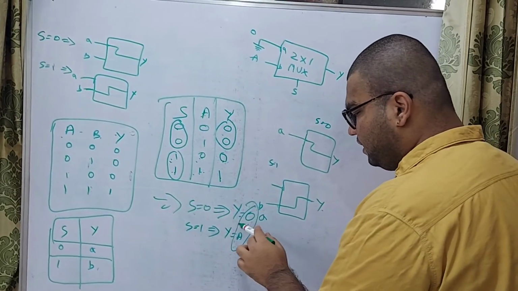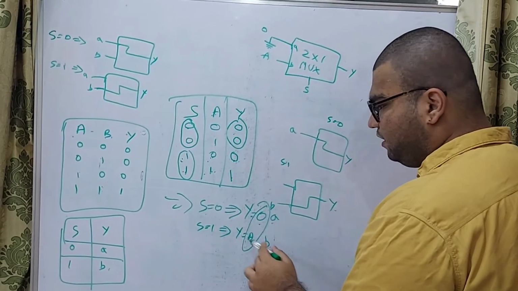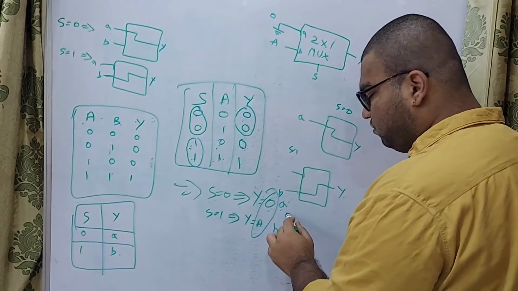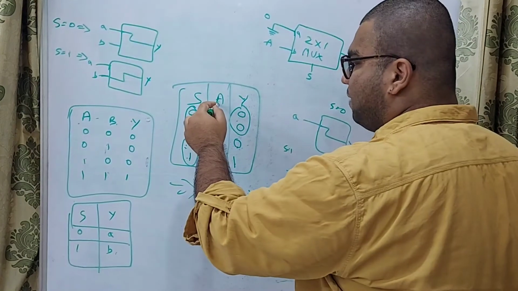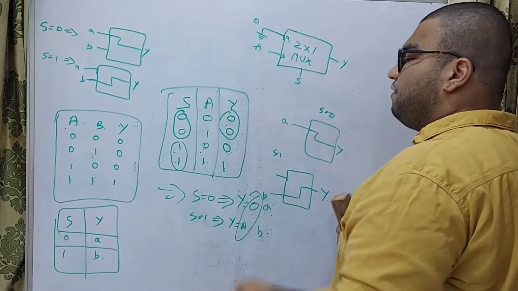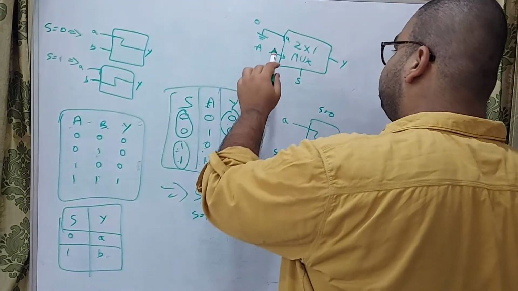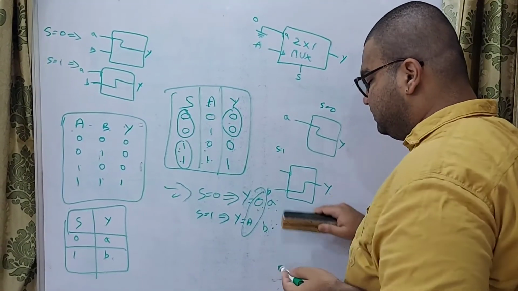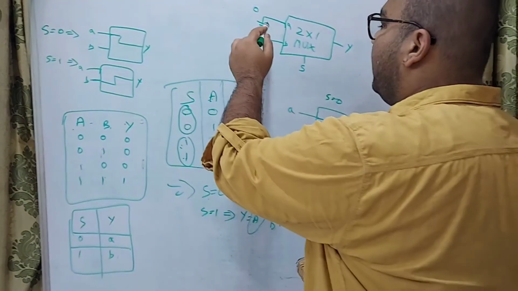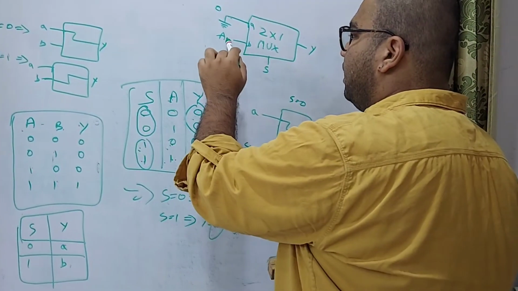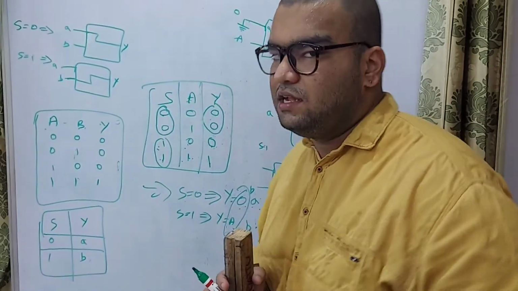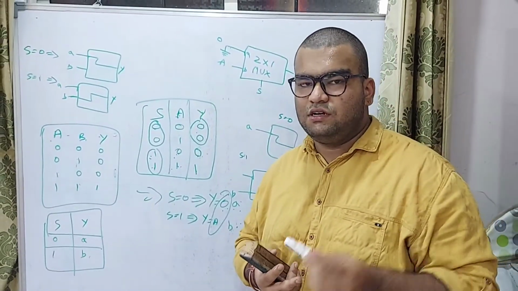So now I am taking 0 and A as the A and B inputs for the 2x1 MUX, where the capital A and capital B are inputs of the AND gate. I have just replaced this A and B with the values 0 and A, representing 0 as ground and the second terminal as A. This is nothing but the construction of the AND gate using a 2x1 MUX.